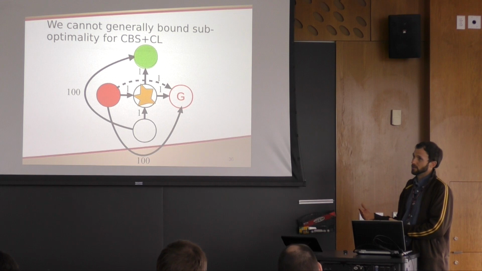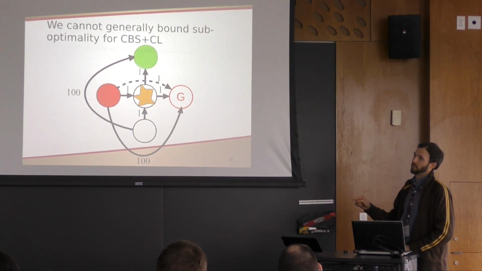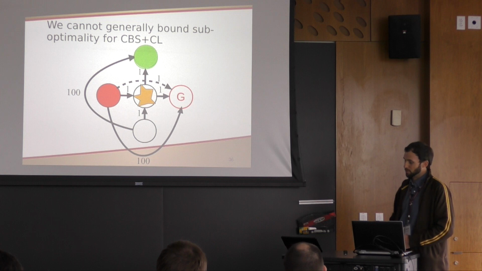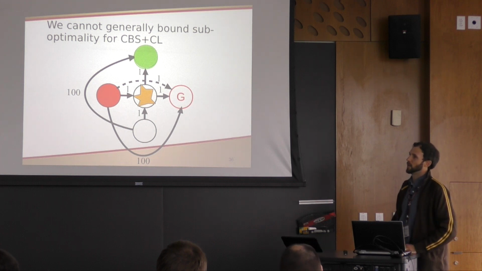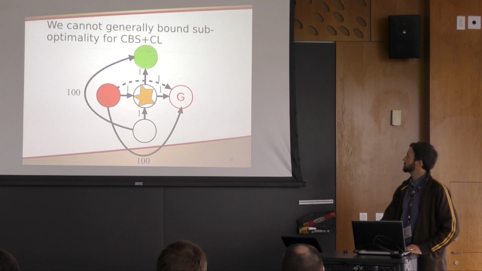But if we had promoted the red agent sooner, we might have found that in a finer abstraction, there's actually an edge that goes directly to the goal very cheaply. But because that didn't happen in the right order, we returned a suboptimal solution.